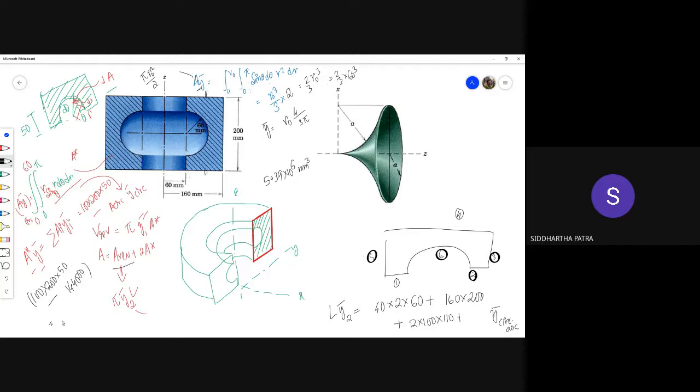So it is going to be A star times y bar 1 is 0.856 into 10 to the power 6, and then when you multiply with pi, it is going to be quite a different value.